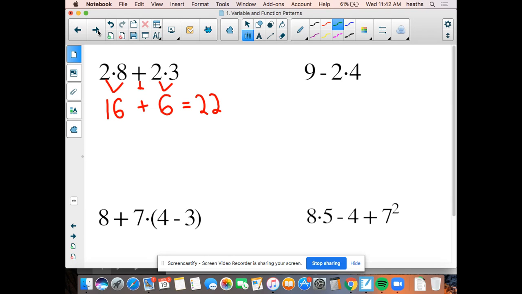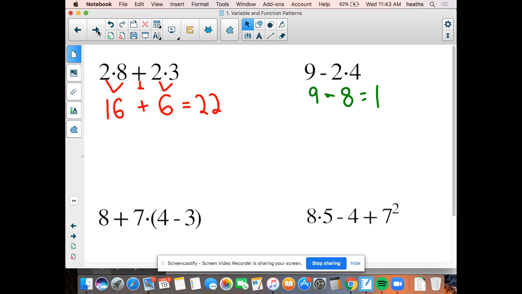Okay, so we're going to do 2 times 4, which is 8. And then we're going to drop down 9. And that's a minus. So 9 minus 8. 9 minus 8 equals 1.